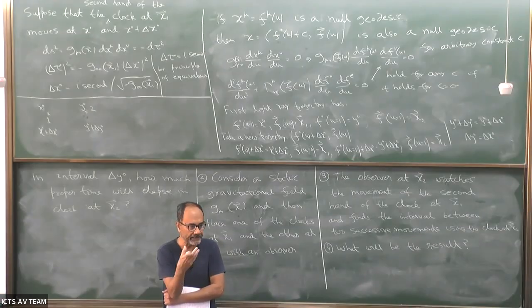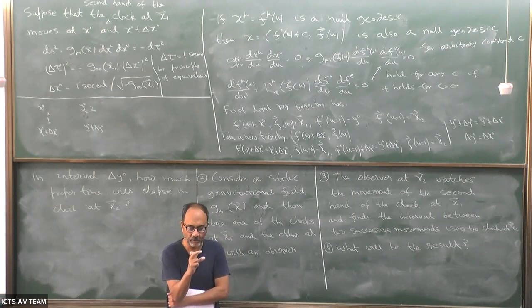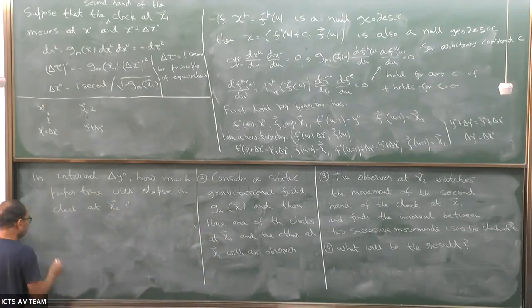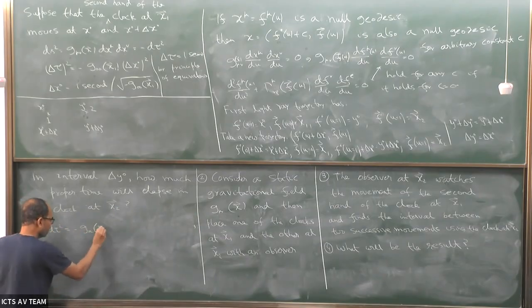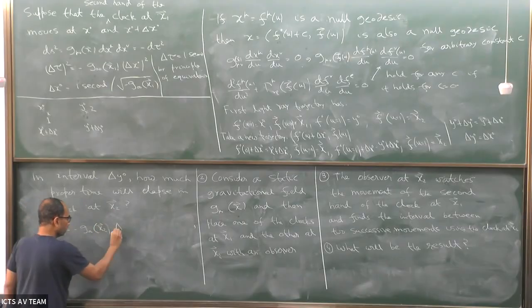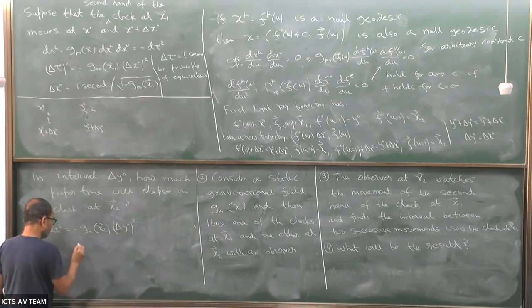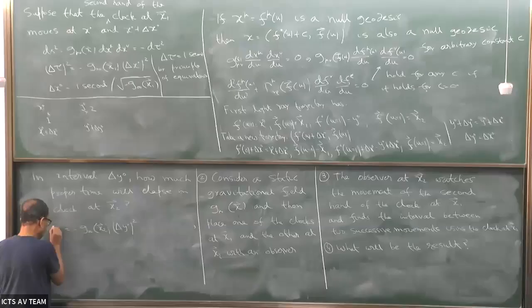So how many ticks in this process will be captured by the proper time that elapses in the clock at x2. Okay, so that is of course easy. Let me write delta tau squared.